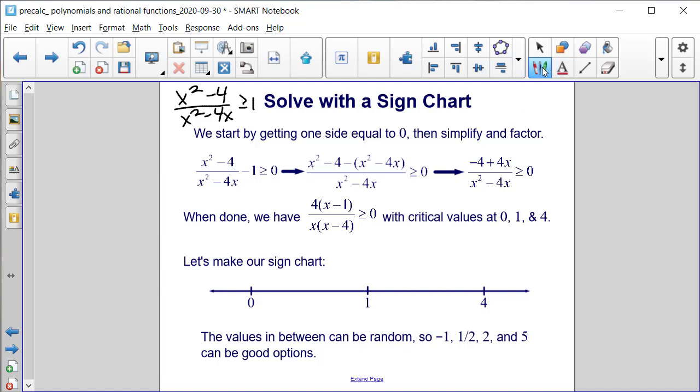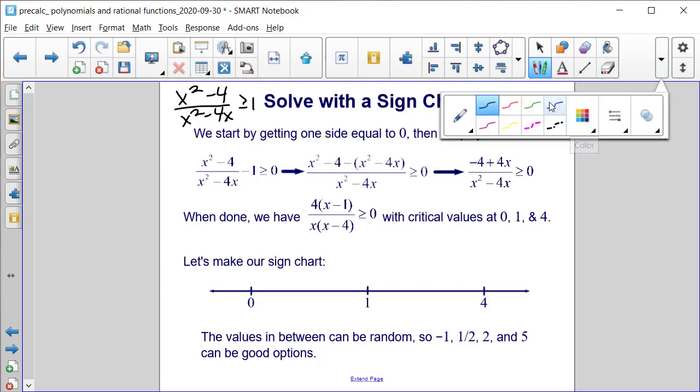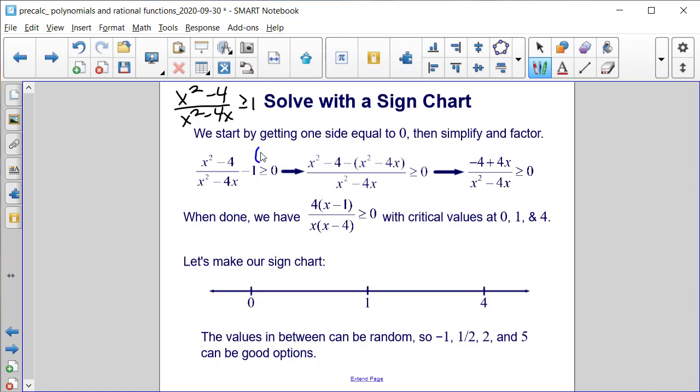So I'm taking 1 and multiplying it by x squared minus 4x over x squared minus 4x, and that's how I got this expression right here. And again, it's still greater than or equal to 0.